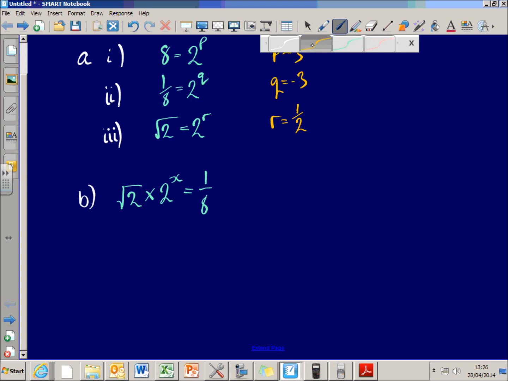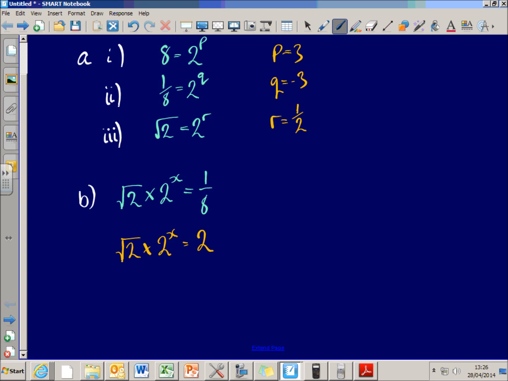Shannon's saying we already know that 1 over 8 can be written in terms of 2. So it's actually 2 to the power of, what did we say it was? Minus 3. Yeah. And root 2 we can write as 2 to the power of a half. So it's 2 to the power of a half times 2 to the power of x is equal to 2 to the minus 3.